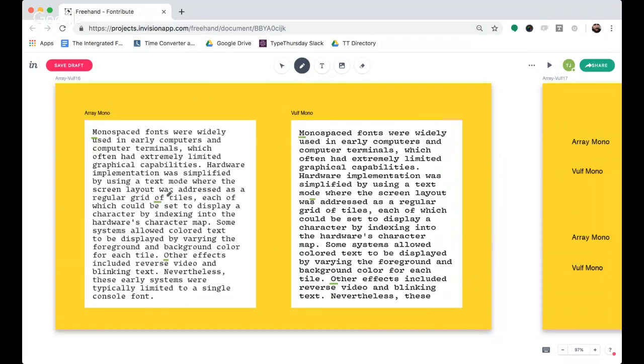Doesn't appear so, not to the point of obviousness I can see in Vulf Mono. So that's a very particular point worth noting: there was a shift down on that bowl of the D to compensate for the flag serif being placed on top. That's a very interesting point.